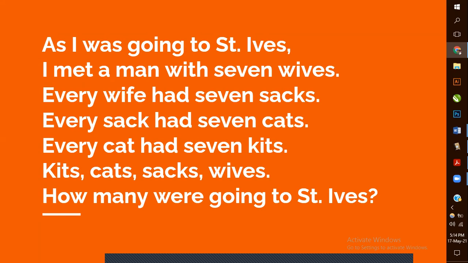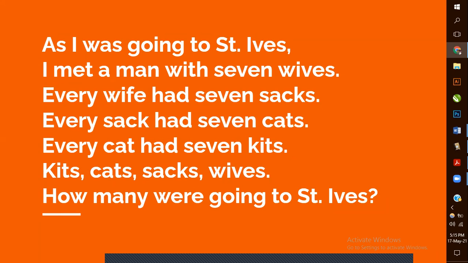We know that on our way to St. Ives, we met a man with 7 wives. We don't know if that man is going to St. Ives. We just know that on our way, we met this man. So there are two ways to solve this: we could go with maths, or we could go with literature, English.